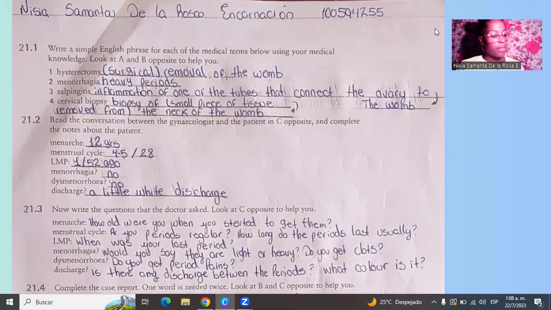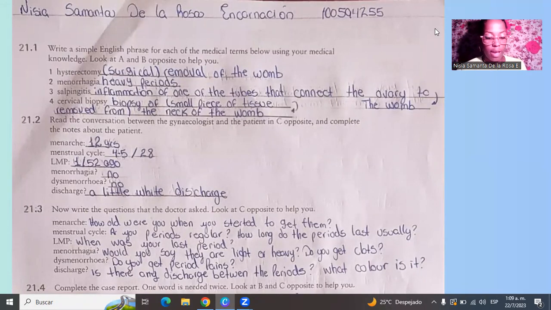Exercise from Chapter 21, Gynecology. 21.1. Write a simple English phrase for each of the medical terms below using your medical knowledge. 1. Hysterectomy: surgical removal of the womb. 2.